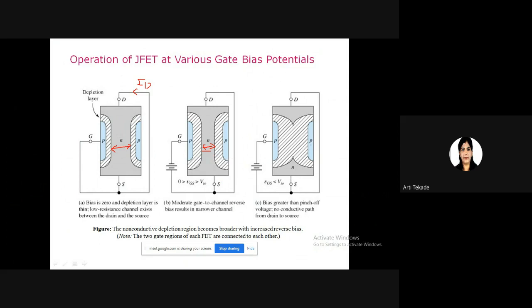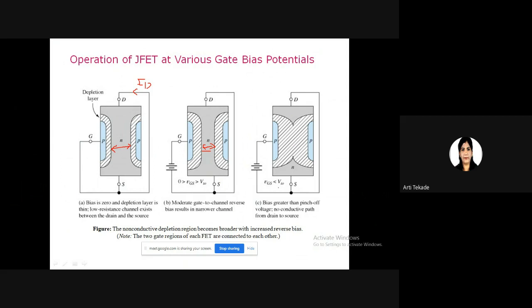At some value of VGS both depletion regions touch each other. Now there is no conducting channel present between source and drain, so no electrons are able to flow from source to drain. So the value of ID becomes 0 and current conduction stops.